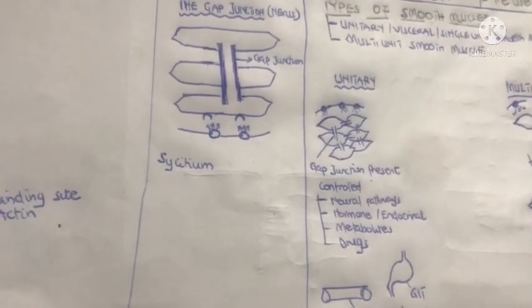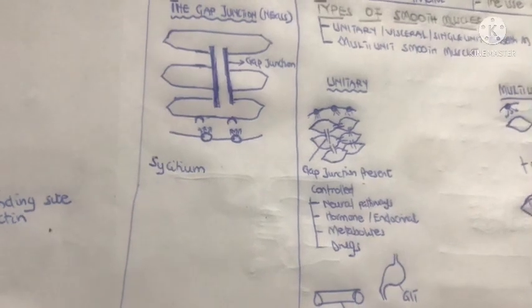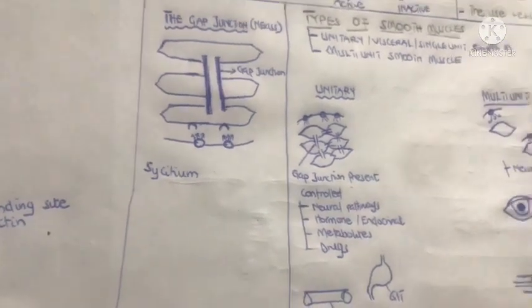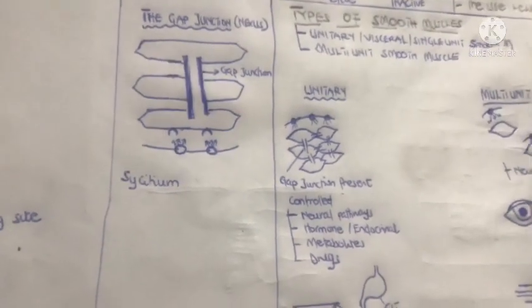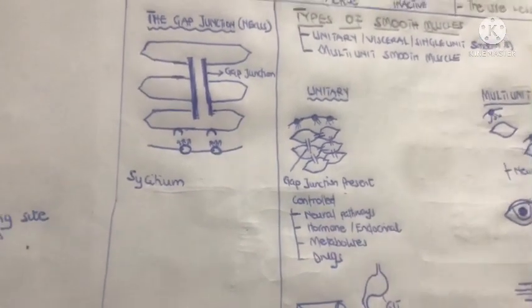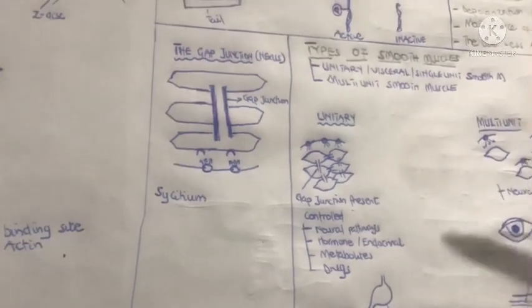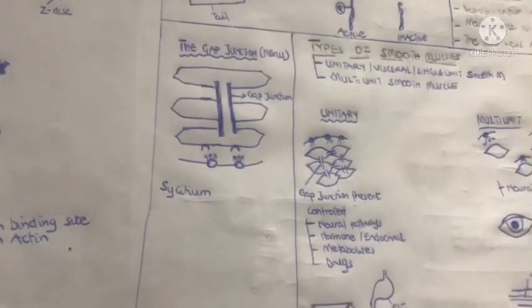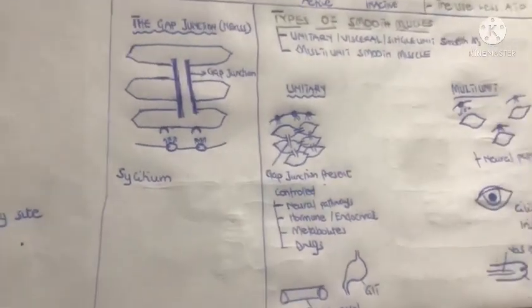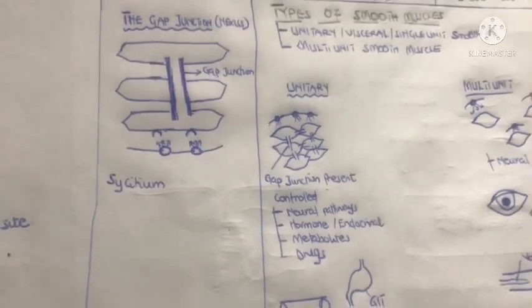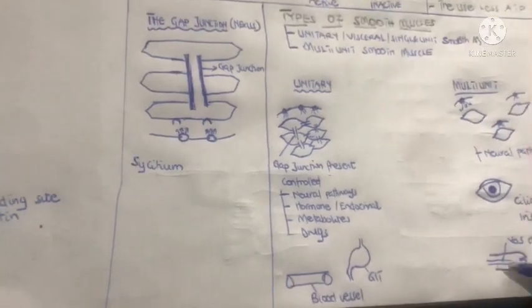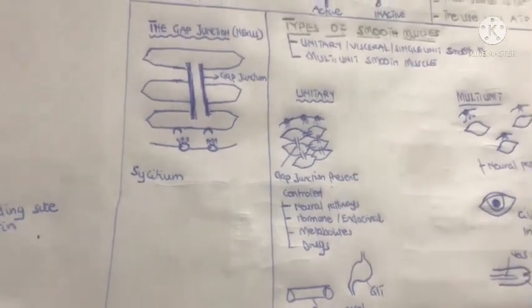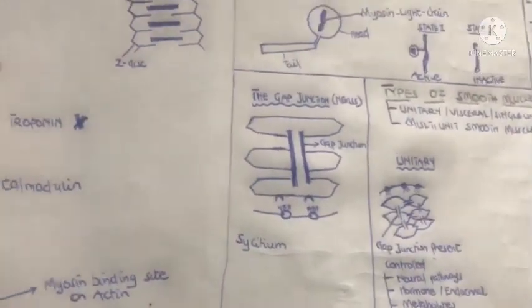All of them need their nerve endings to stimulate them for them to contract, so they contract independently, and they can be stimulated only by what? Neural pathways, only by the autonomic nerves. You understand? They can be found in the ciliary muscles of the eye, the iris, and also in the penis, they can be found in the vas deferens. So that's it for smooth muscles.